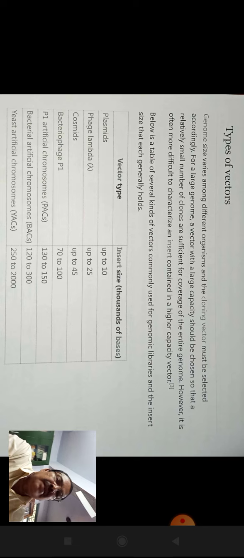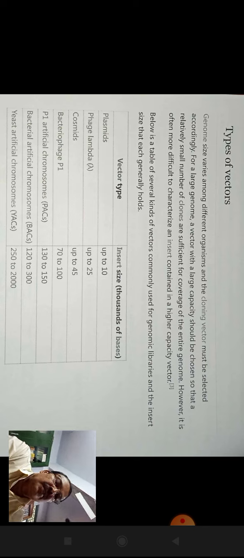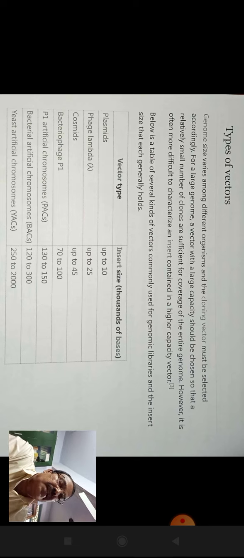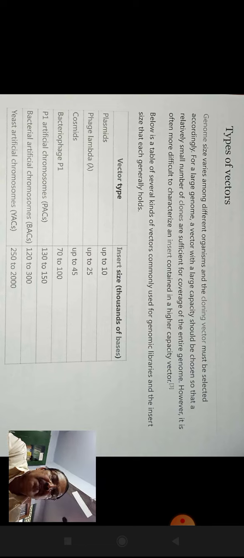Below is a table of several kinds of vectors commonly used for genomic libraries and the insert size that each generally holds. So, type of vectors and then insert size. First one, plasmid, up to 10 thousands of bases.